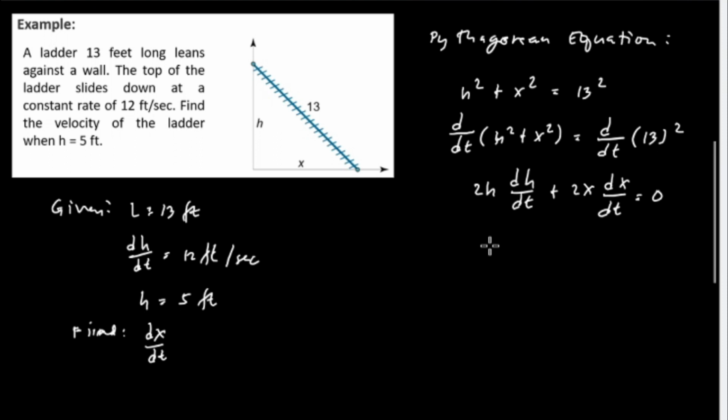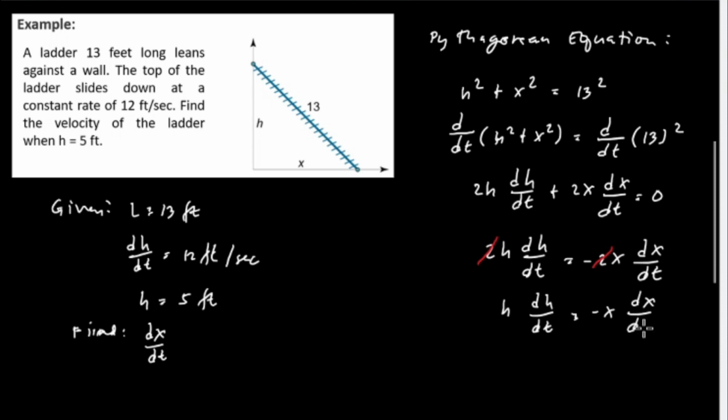So 2h dh over dt, transferred to the other side, is negative 2x dx over dt, and cancel out 2 and 2, and the remaining is h dh over dt is equal to negative x dx over dt.